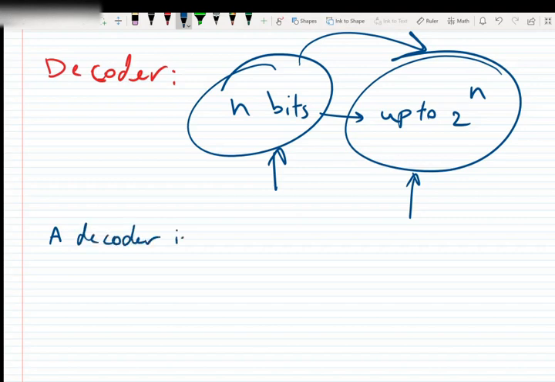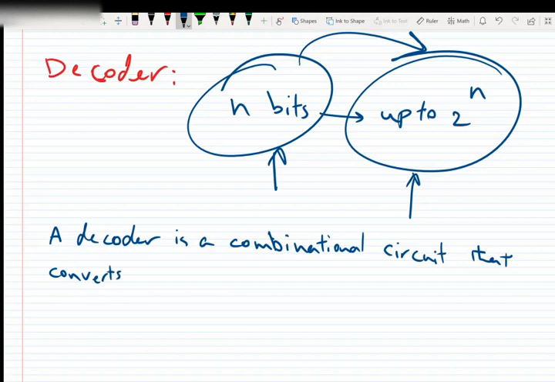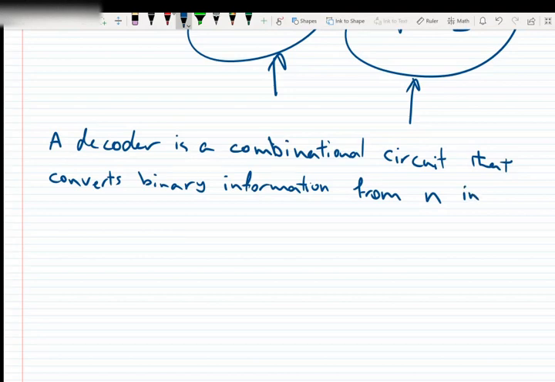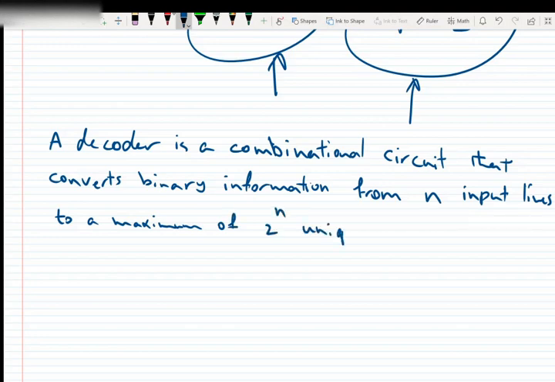A decoder is a combinational circuit that converts binary information from n input lines to a maximum of 2 to the power of n unique output lines.